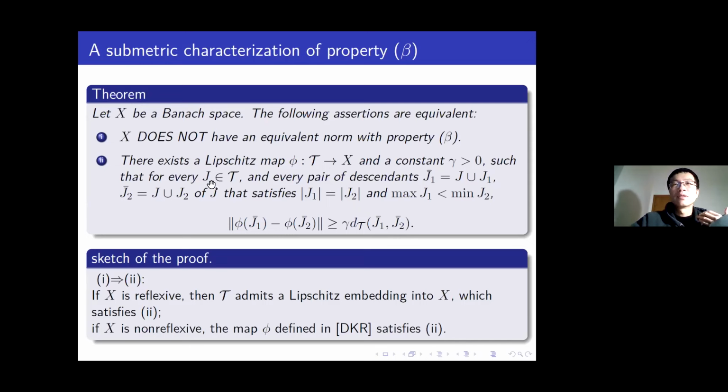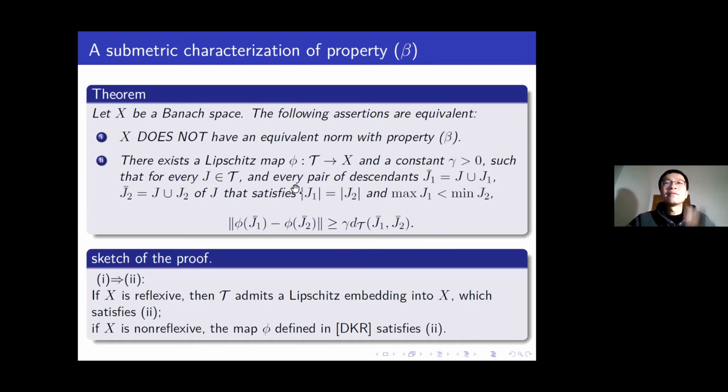Whenever you have a vertex in T, denoted by J, and J1 bar, J2 bar are descendants of J in T, so that these two descendants are far apart, then the distance between their images must be separated. It can be controlled from below.